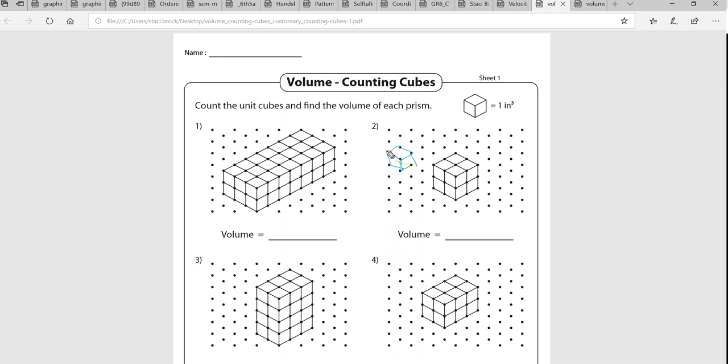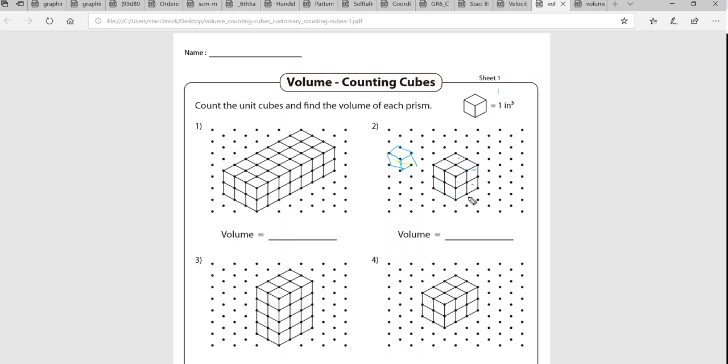Okay, and each one of these boxes represents 1 unit cubed. That's 1 cube. So if I look at this larger cube, I can easily count those, can I? 1, 2, 3, 4, and then the backside 5, there's one hiding there that we can't see, 6, 7, 8.